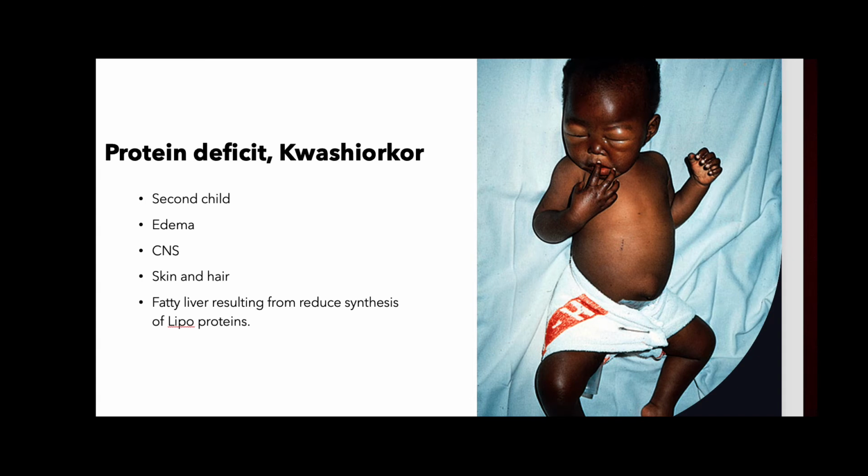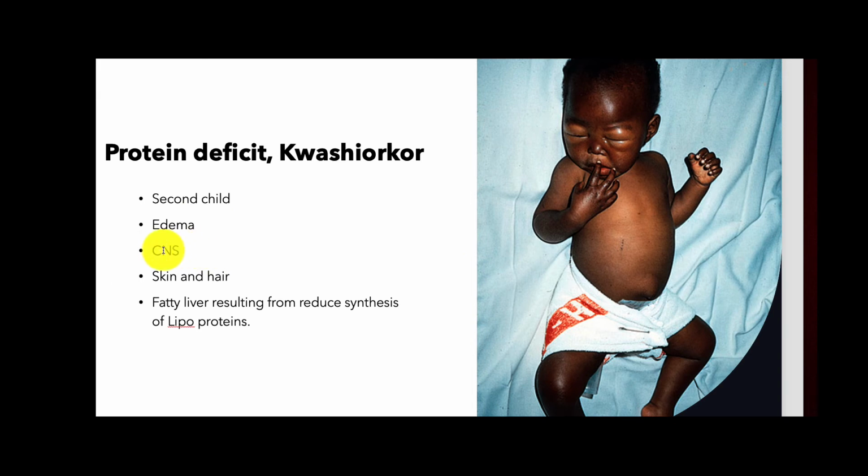So this is to say that we have protein deprivation that is relatively high and more severe than a deficiency in total calories. This is commonly seen in children who have been weaned off breast milk too soon and have been fed almost entirely carbohydrates. One of the things that happens here is that edema occurs, and you can see that in the stomach here.